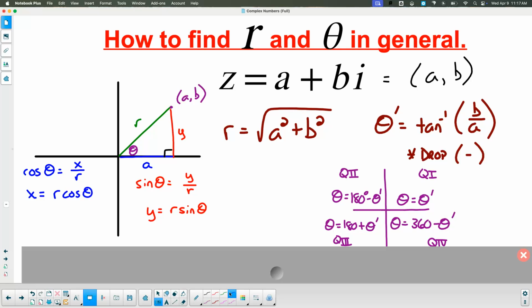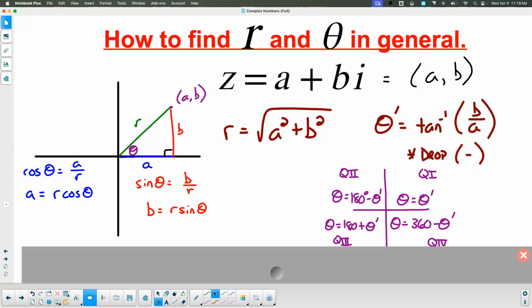So instead of x, I can call that a. What can I call in place of y? B. So in place of y here now, I could say that's B. With me on that?